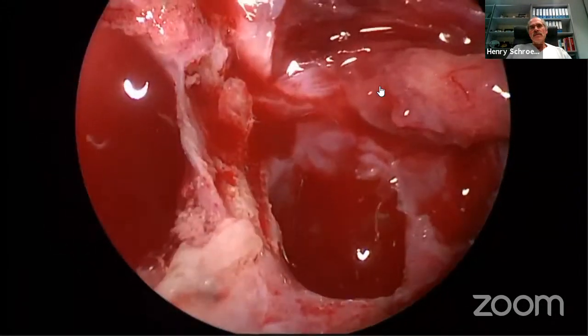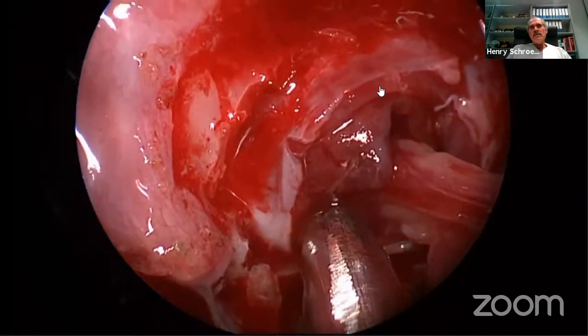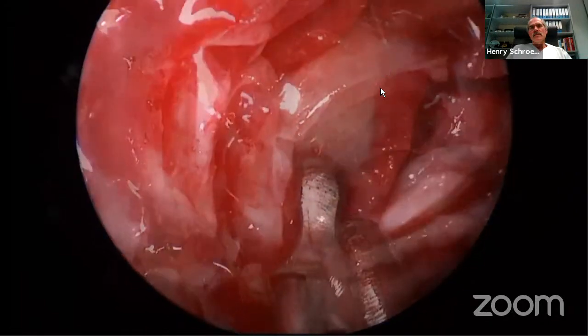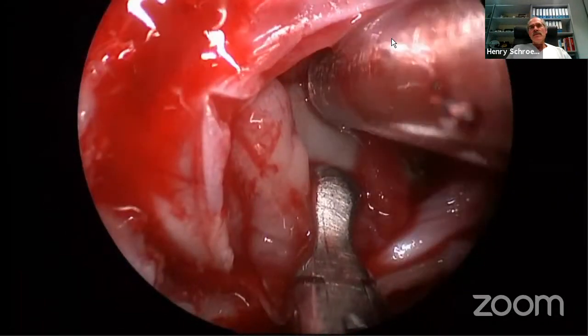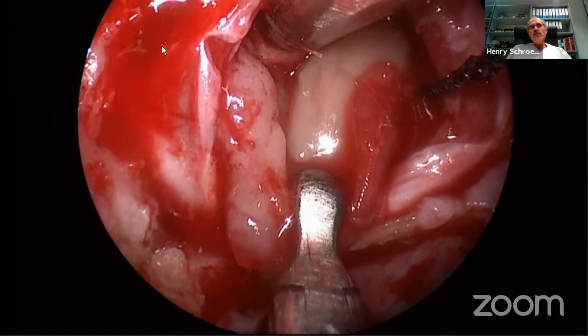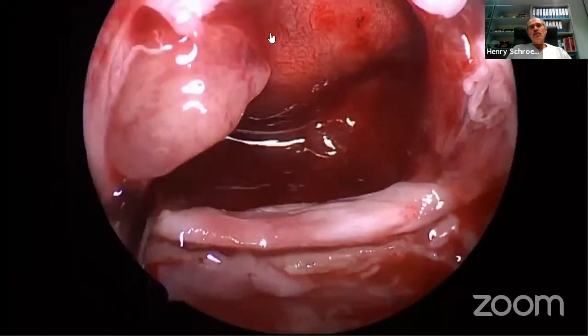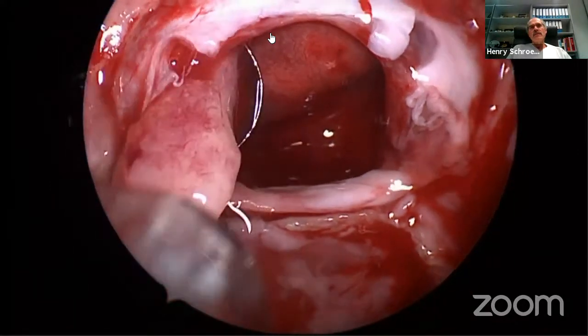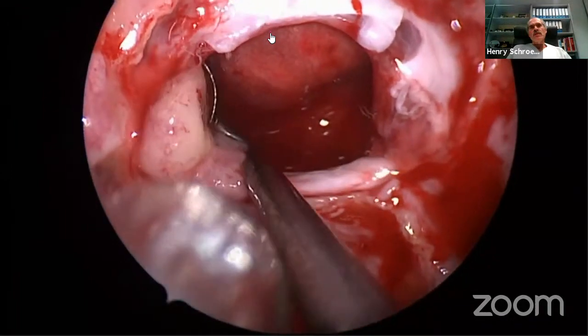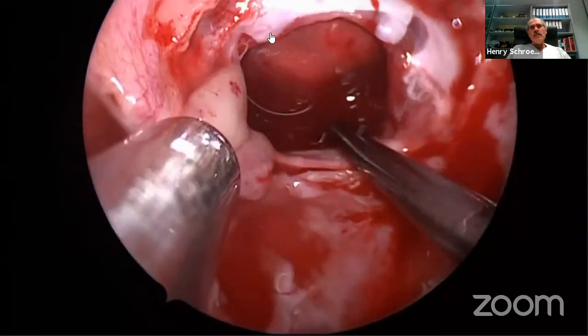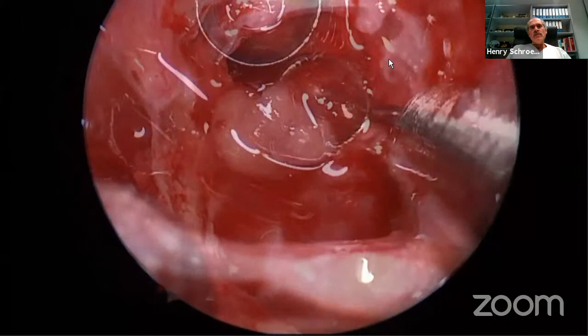The tumor is resected. Then again, you see here this is the pseudocapsule of the tumor, and the yellow structure with this typical vascular pattern is the anterior lobe. The tumor is removed. There's no CSF leakage because the diaphragm is relatively thick.